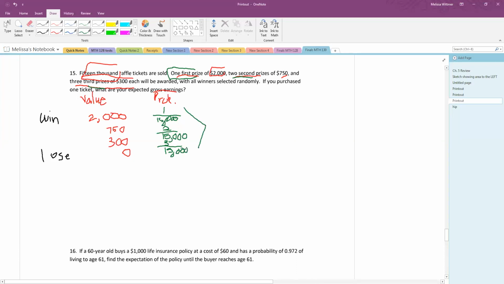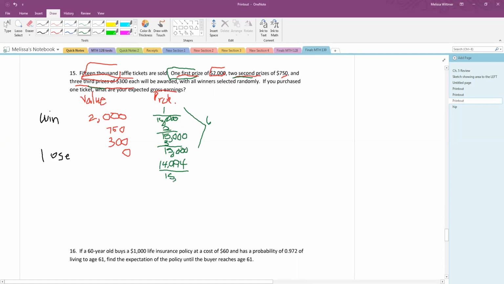So if you count your wins up, there's 3, 4, 5, 6 ways to win. And so 15,000 minus 6 is 14,994 losing tickets out of, again, 15,000.